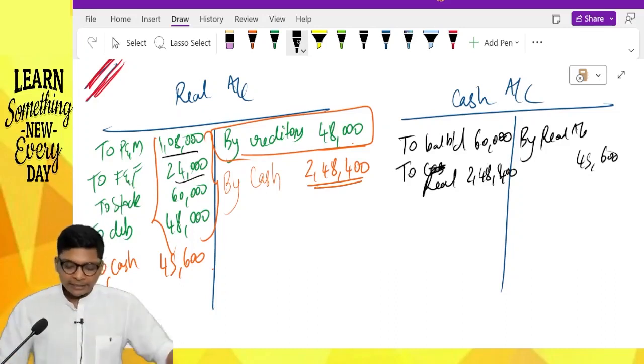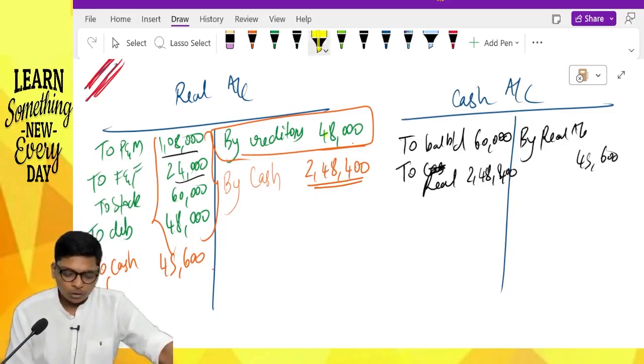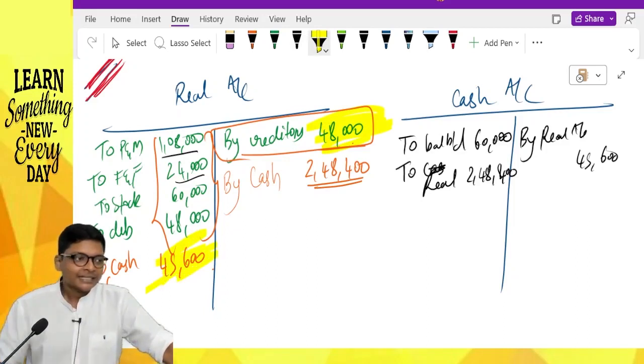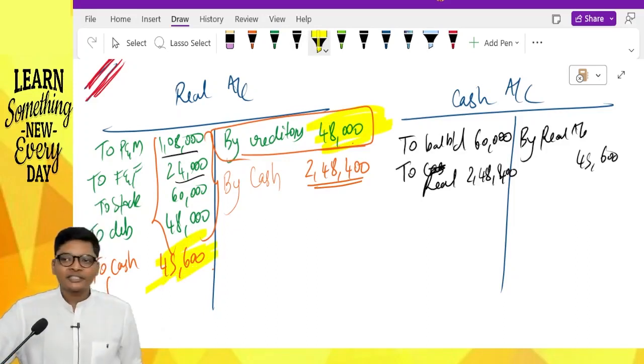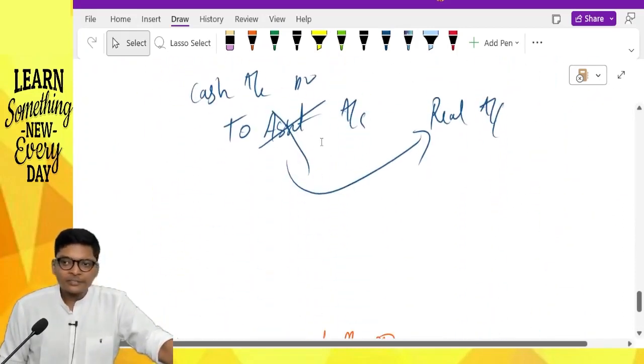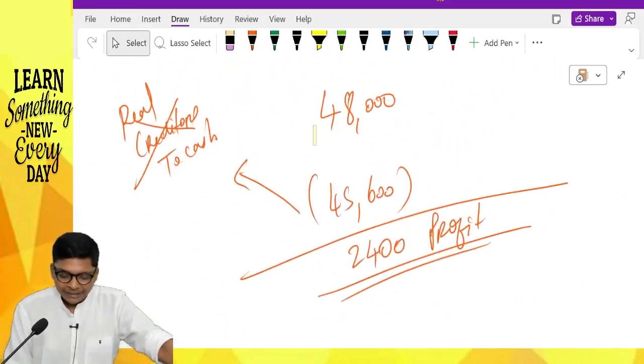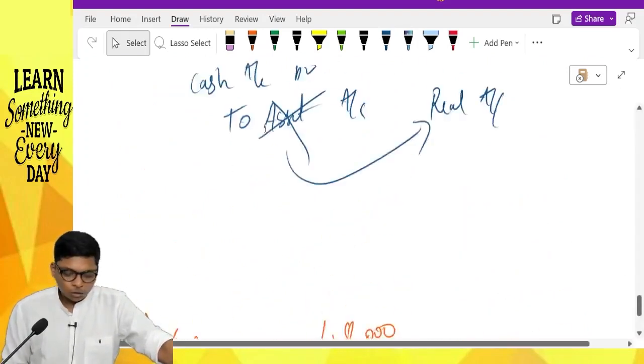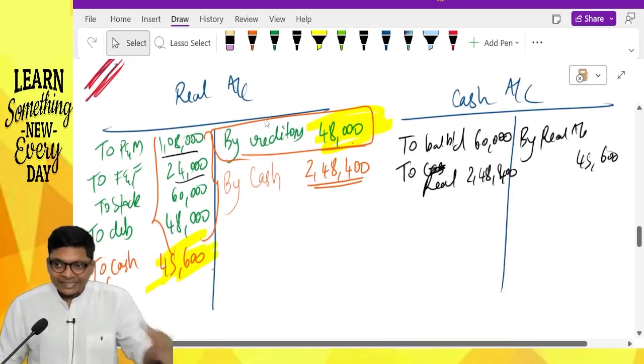Okay, now can you look at what I am highlighting in yellow? Look at the board guys. 48,000 on the credit side, debit side 45,600. What's the difference? 2,400, which is profit or loss? It is here. The realization account records the profit for every transaction.